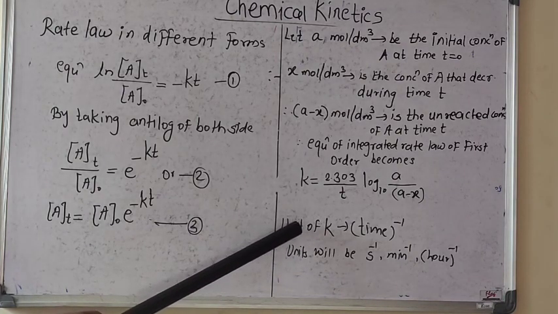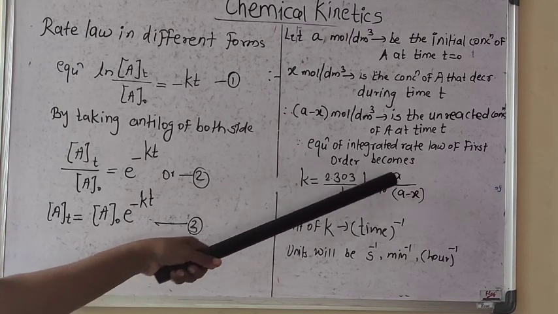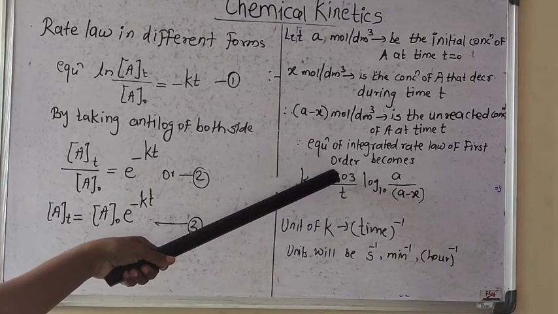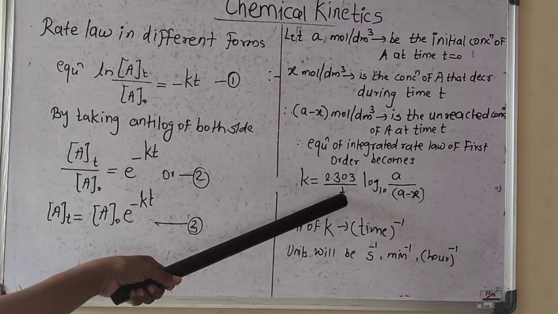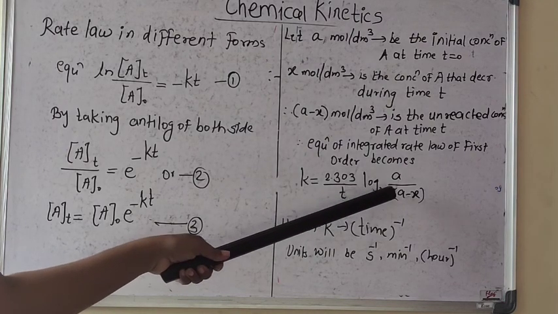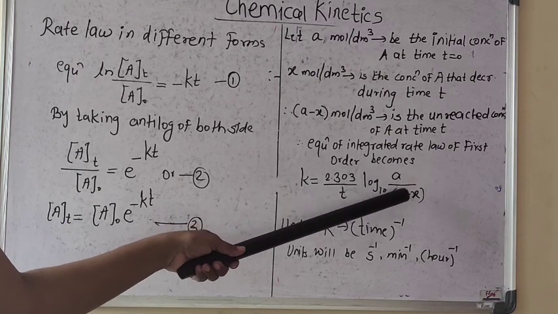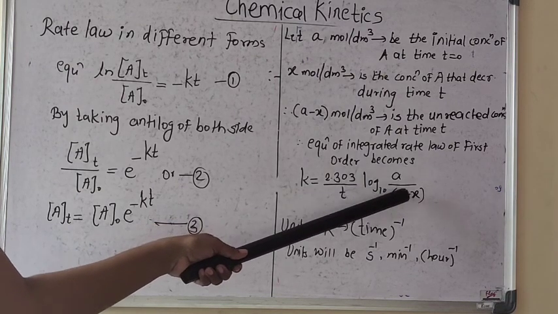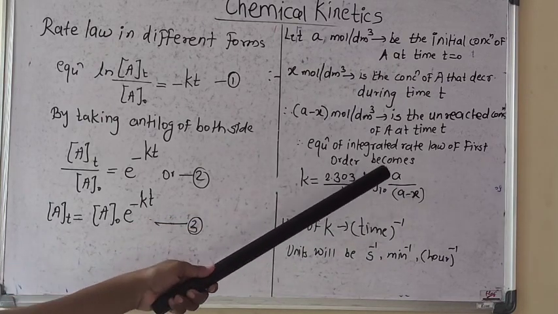Now let's see what the unit of k, the rate constant, is. In this equation, 2.303 is a constant, and 1 by t has the unit of time, which may be seconds, minutes, or hours. In log to the base 10 of a upon a minus x, both a and a minus x are concentrations given in mole per dm cube, so this total quantity is unitless.